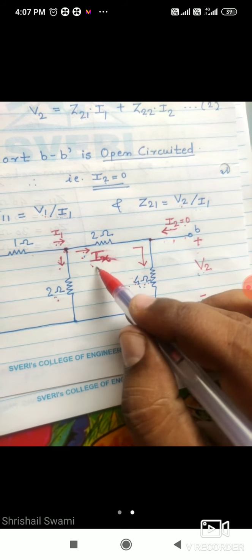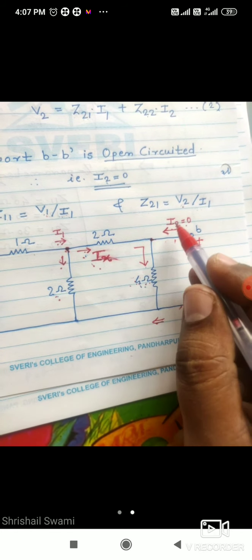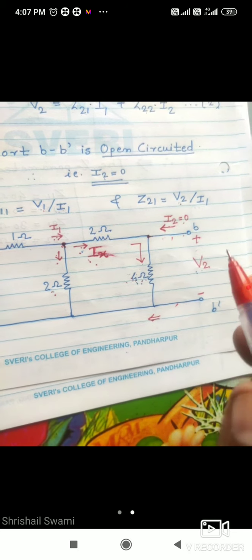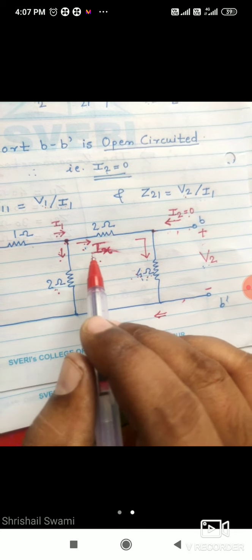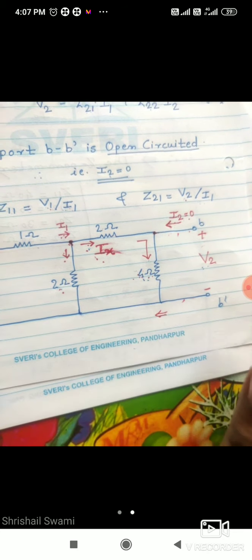So if you get the relation between Ix and I1, then you will get the answer of Z21. So V2 is equal to Ix into 4. So this is the equation number 4. So V2 is nothing but 4 into Ix.